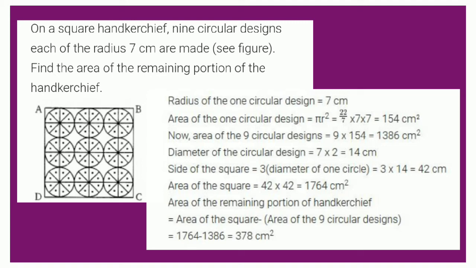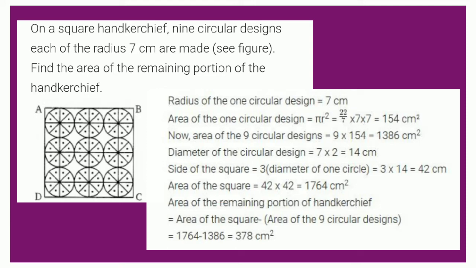We have 3 circles, so we have 3 diameters. Adding this 14 plus 14 plus 14, that is 3 diameters, you will get 42 centimeter. That is the side of the square. So area of the square is equal to a square, that is a into a. 42 into 42, that's equal to 1764 centimeter square.